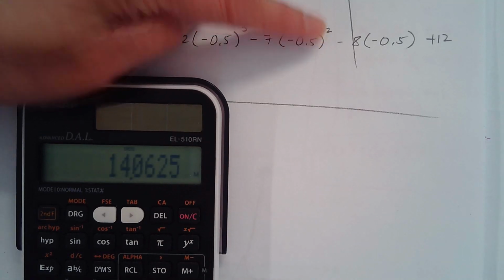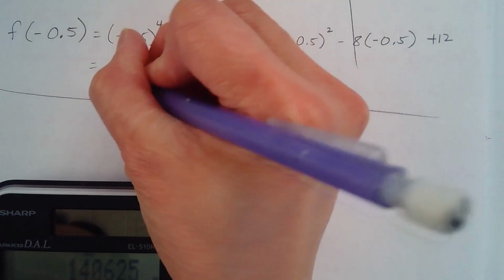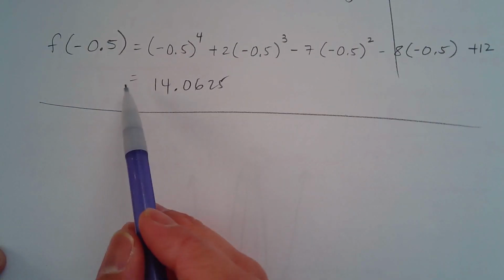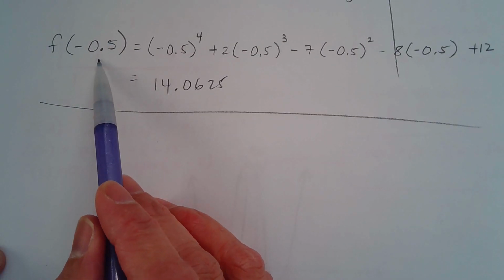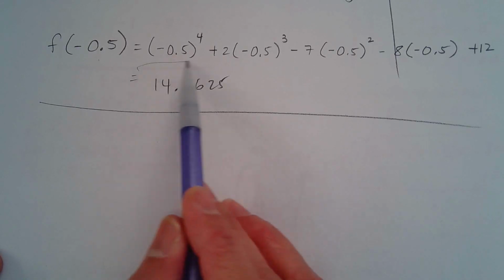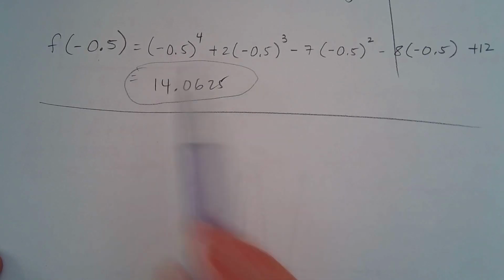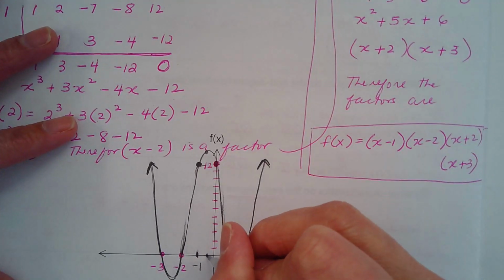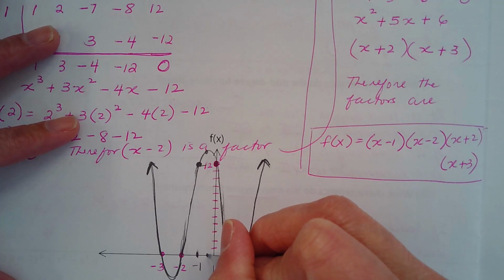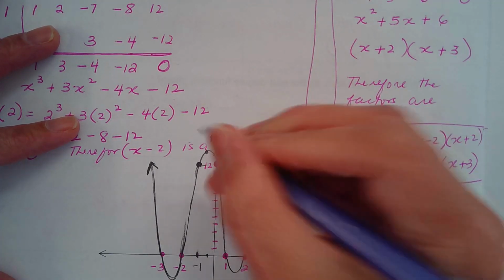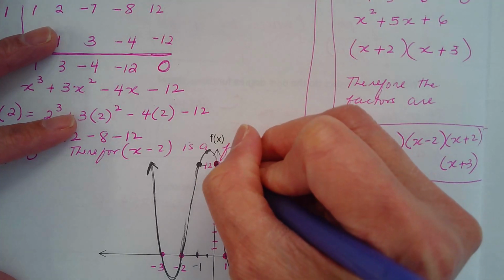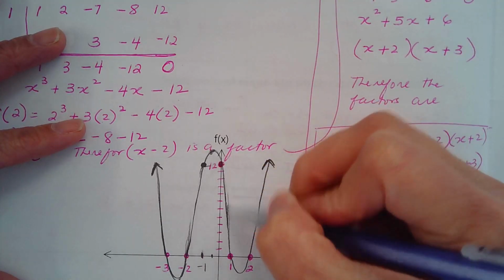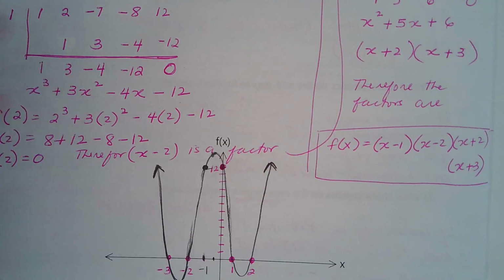Oh, please help me. 14. So if x is -0.5, what's the y? 14. So slightly higher than 12. That's why there's a little bump right there. Is that clear?